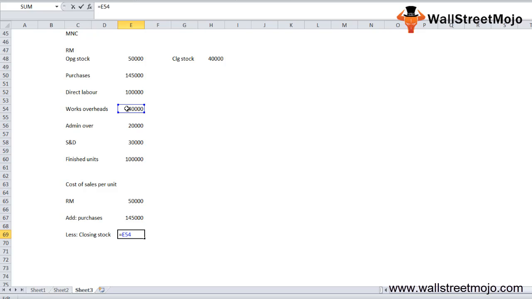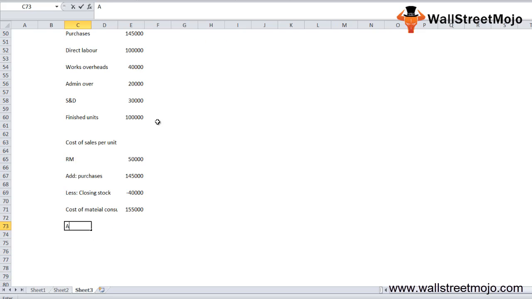That gives us the cost of material consumed, which is 50,000 plus 1,45,000 minus 40,000, so it will be 1,55,000.